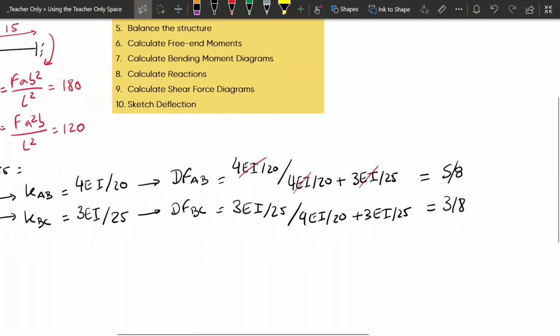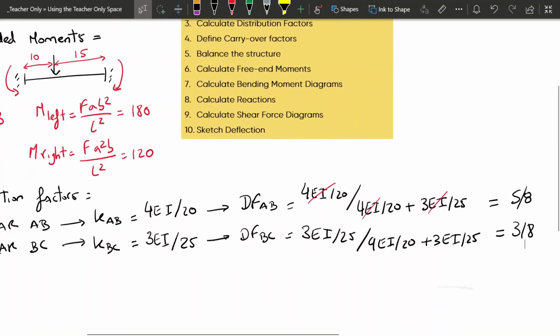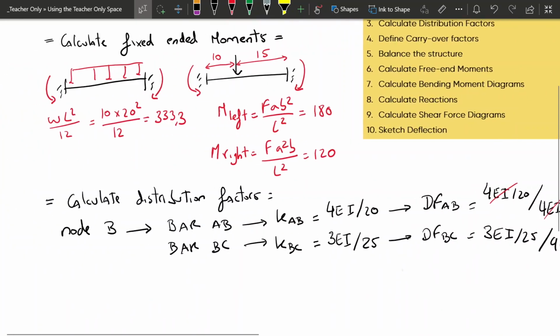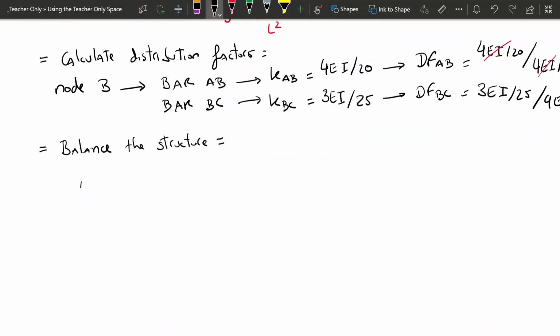We're going to skip the step of defining the carryover factors, and do it straight in the balancing of the structure. To balance the structure, we draw our structure very carefully. Remember, we have a little bit of a cantilever, and then we start adding our distribution factors here.